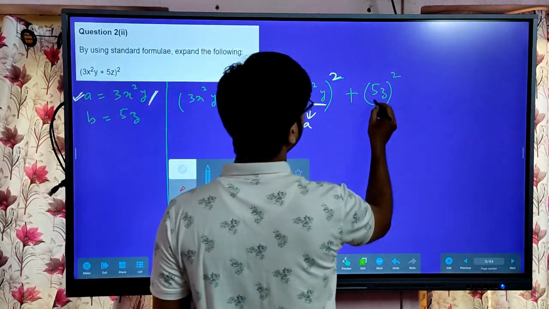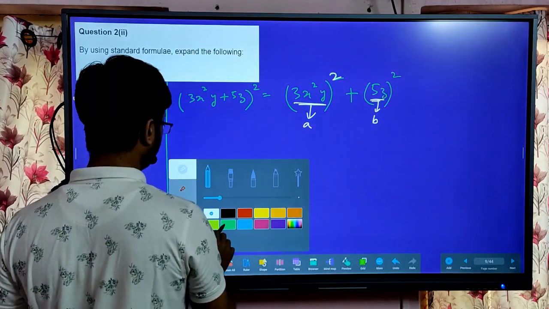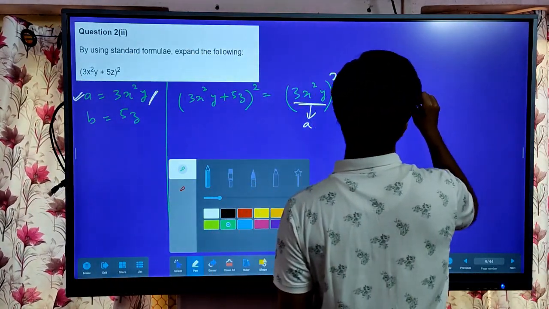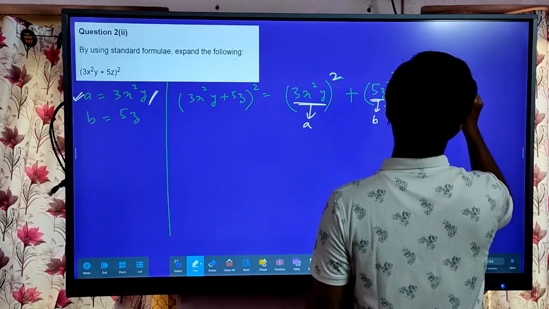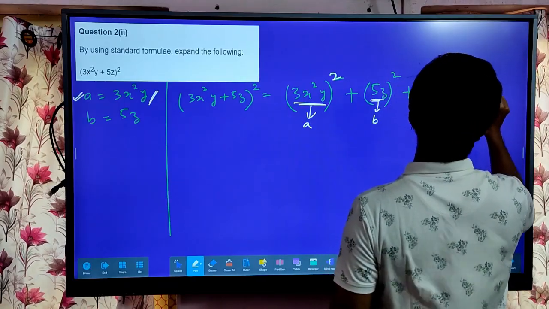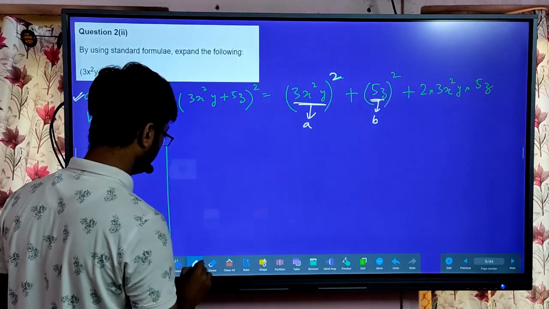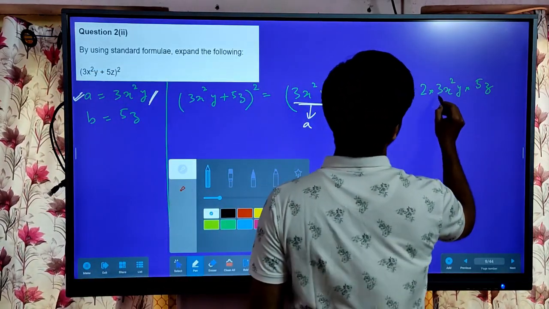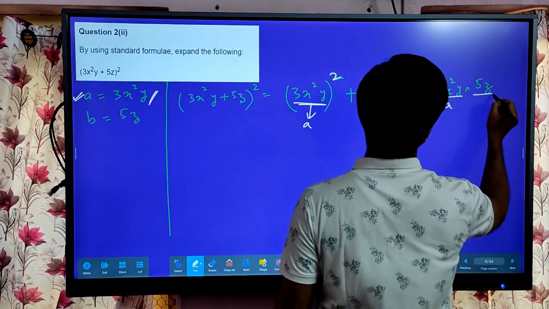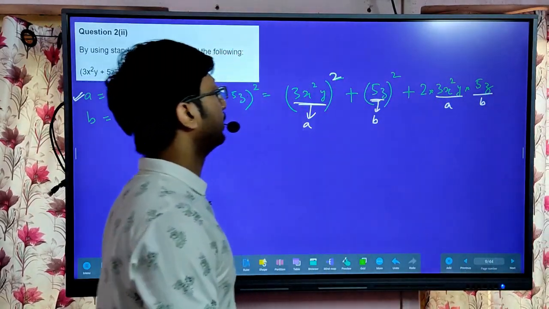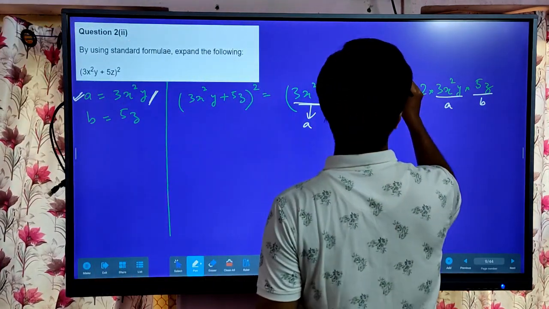Now it will be a square plus b square plus 2ab, 2 into a is 3x square y, your b is 5z.